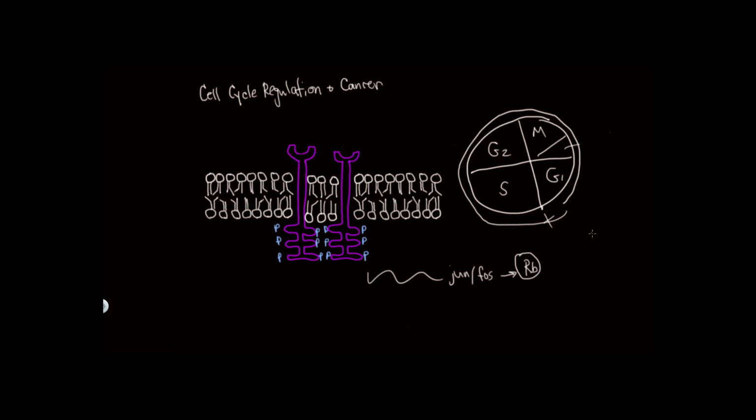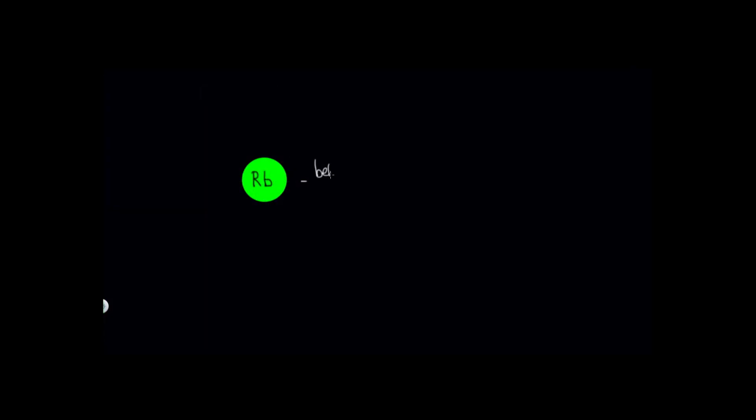So one of these proteins, like RB, actually let me pause right here for a sec. RB, which stands for retinoblastoma, belongs to a family of proteins called tumor suppressor proteins. And it was identified first because it was the protein that is mutated in eye cancer retinoblastoma.